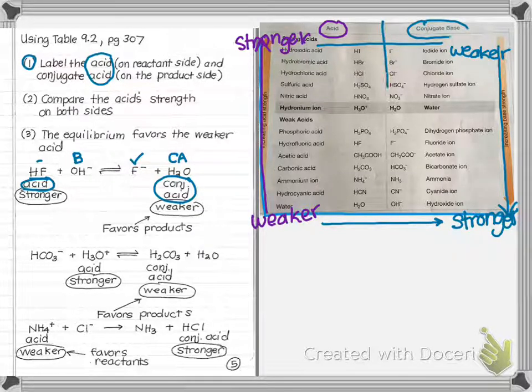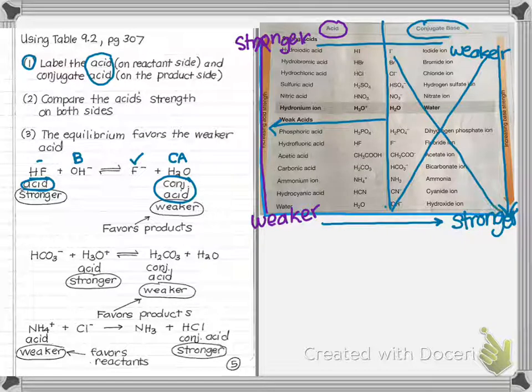Now, we're looking on this side of the chart because we're looking at acids. So in this example, we're not going to be evaluating based on the conjugate base side. So I find HF, and I'm looking right here.